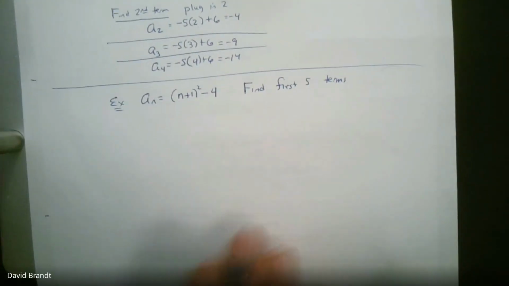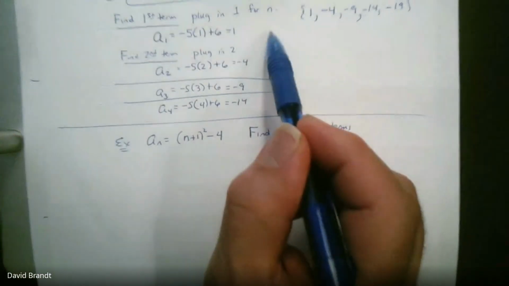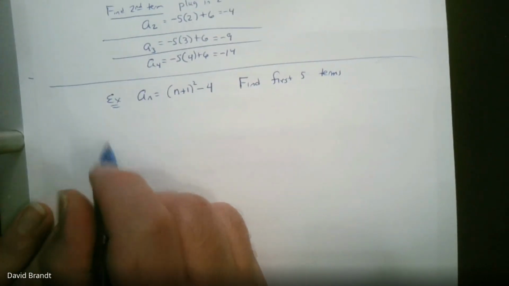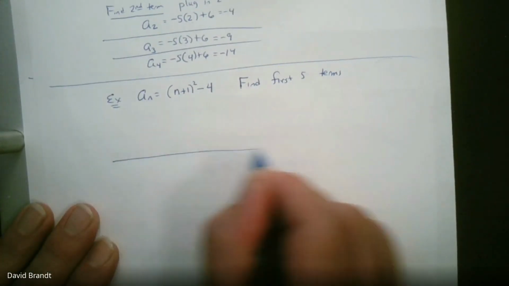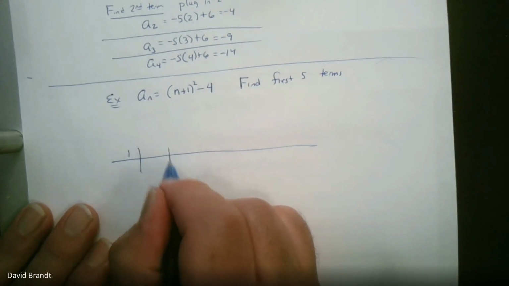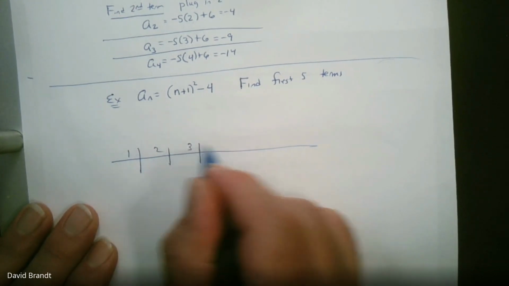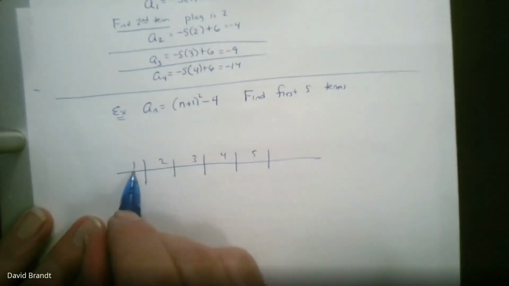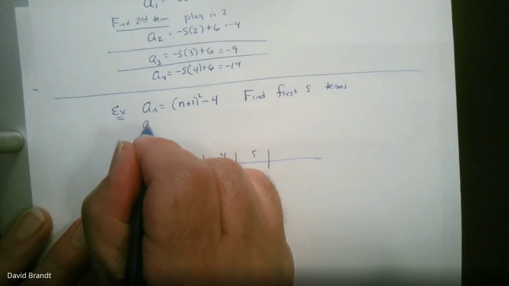Now I'm going to organize this a little bit. I could have done it on this one too, but I'm going to make a table to keep my results. All right. So I'm going to plug in 1, plug in 2, plug in 3, plug in 4, and plug in 5.